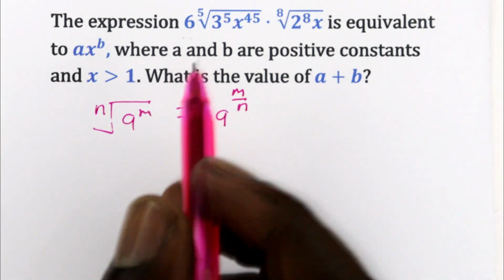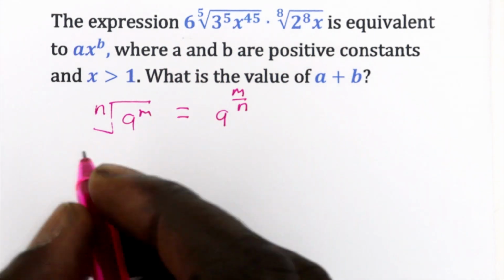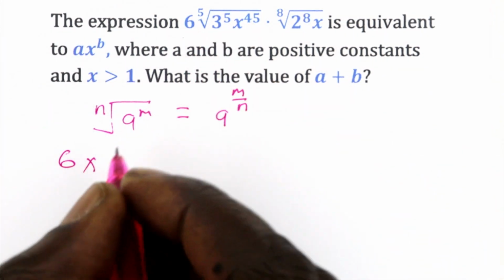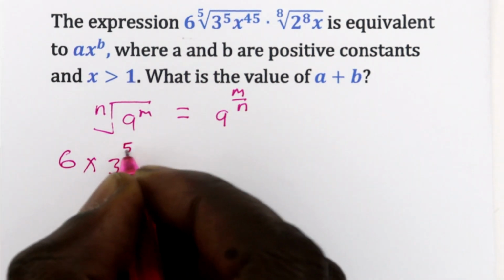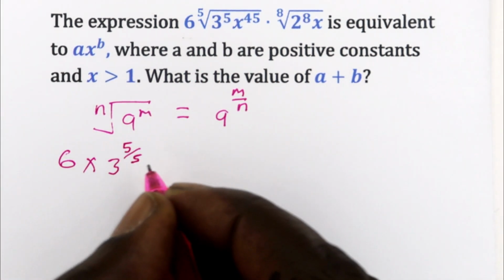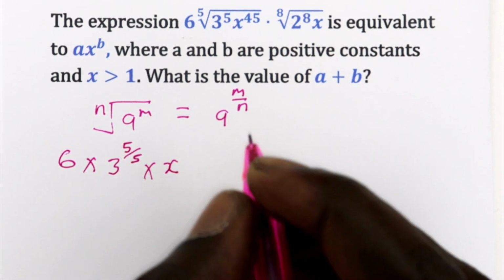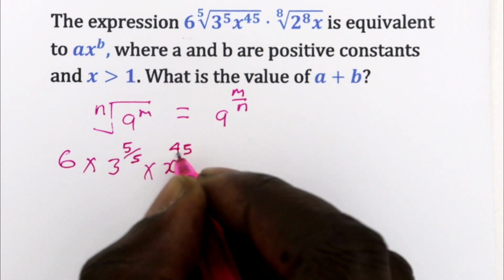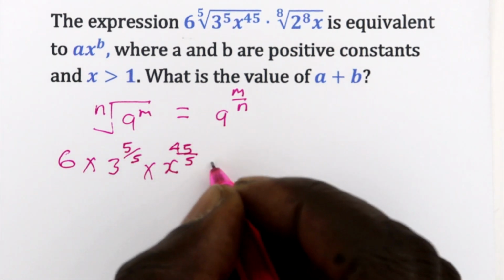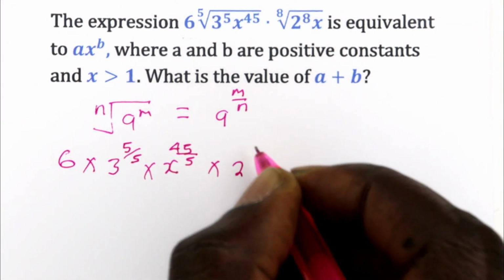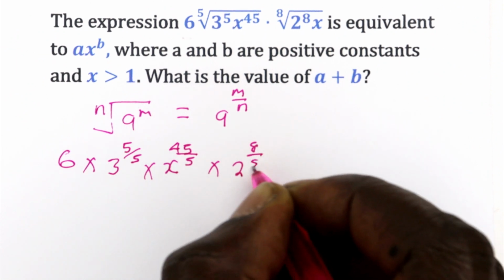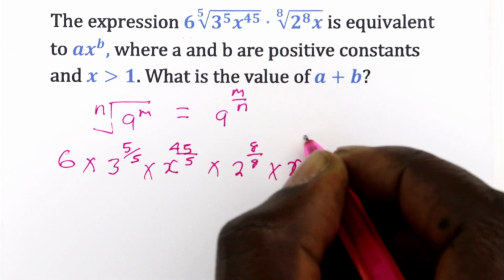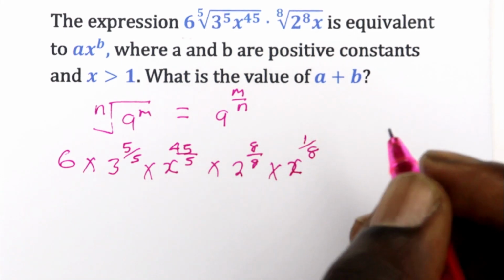So having this in mind, we can write this as 6 times 3 raised to power 5 over 5 times x raised to power 45 over 5 times 2 raised to power 8 over 8 times x raised to power 1 over 8.